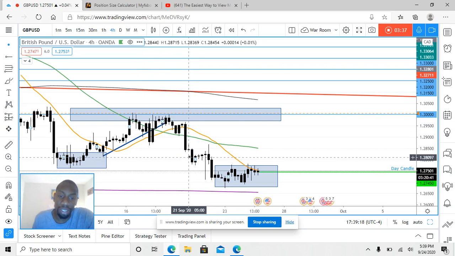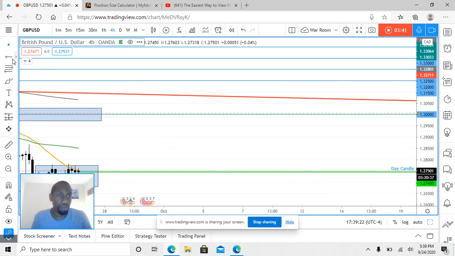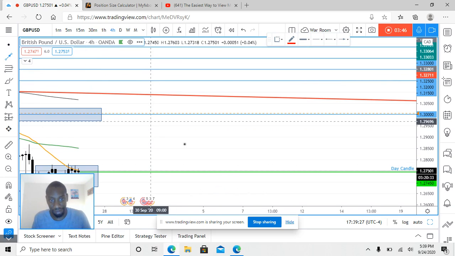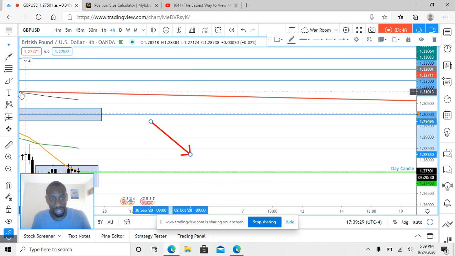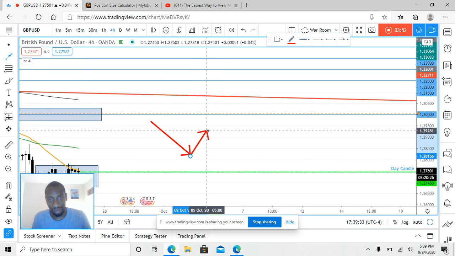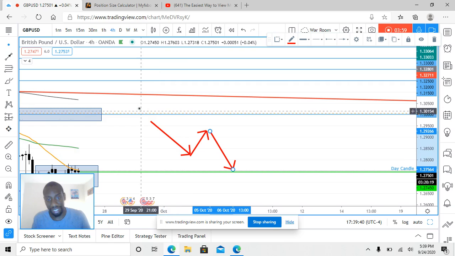So we're at a downward market. So basically, for example, on market structure, right? I'll break it down like this. It goes down like that. Right? That's market structure right there.